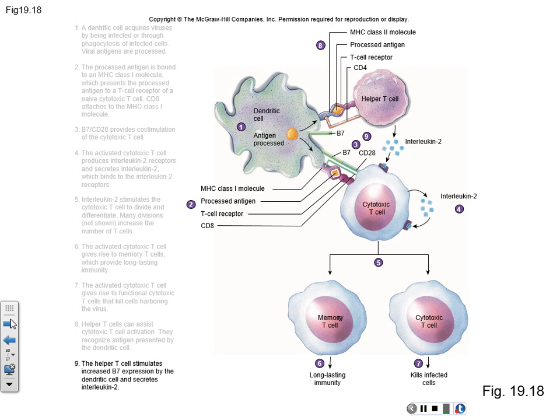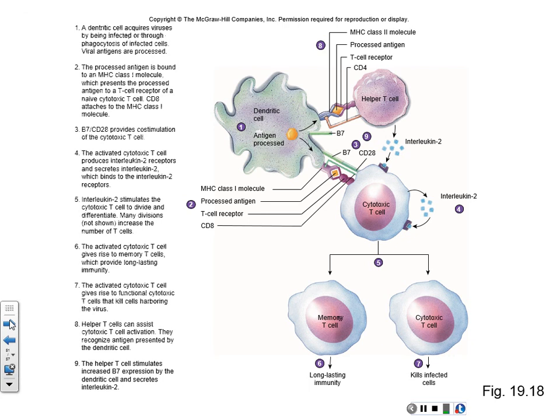So helper T cell stimulation is also increased because it will form a bunch of this B7. The B7 will attach to CD28 for co-stimulation. So you form more. This is the same deal, same process. Just know that internally processed antigens are exhibited on MHC1.